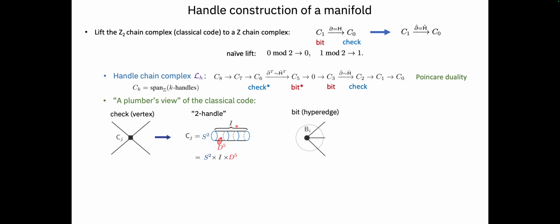And then we promote the bit, which is a hyperedge in this chain complex. It's a one cell. So in a general chain complex, it's not just an edge, but a hyperedge because it can couple to more than two checks.